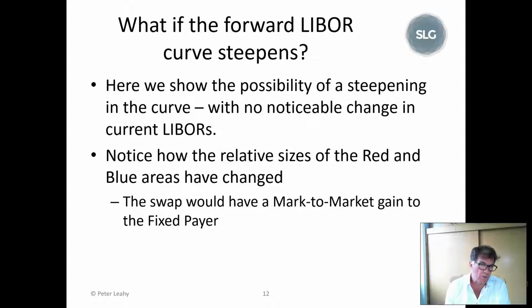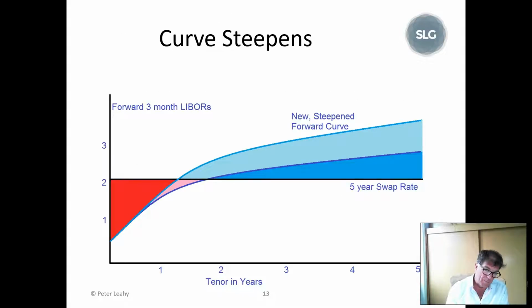However, now, what if the curve, the forward LIBOR curve, steepens, and this is important, even without any noticeable change in current LIBOR? Well, let's explore that and just have a little conversation about how that might look for our swap. So now the darker blue line is the forward LIBOR we did have, and the red and blue areas were kind of an offset for each other.